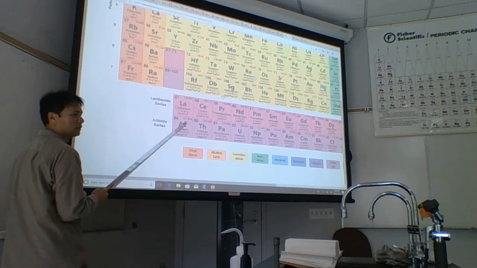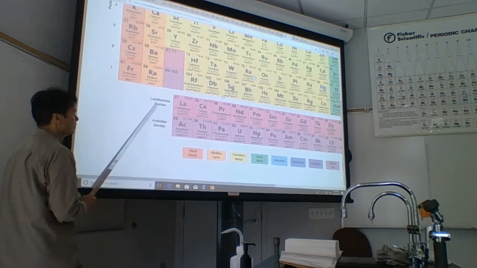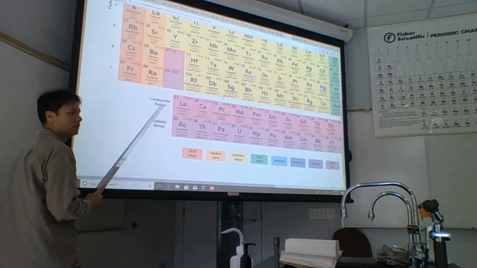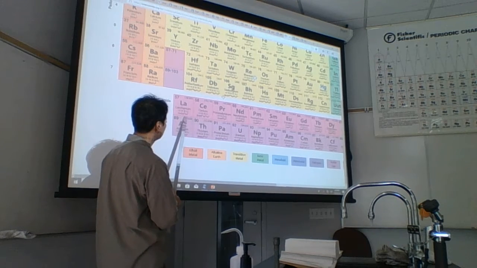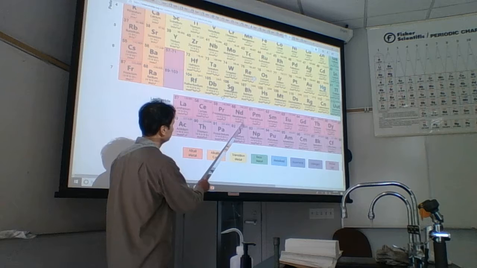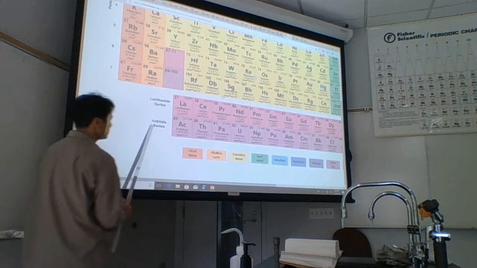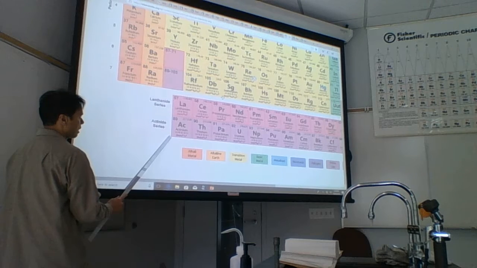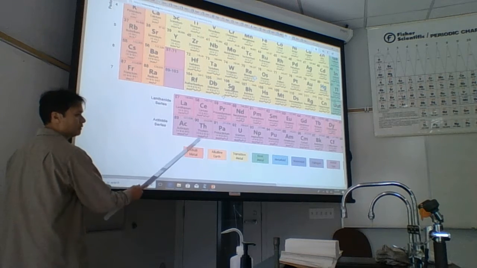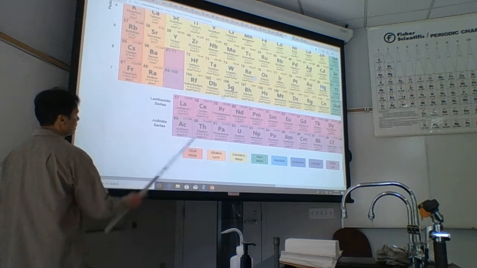These are the f-block. The first row is called the lanthanide series. These fill the 4f orbitals. When you look at it, it's hard to see, but they're 4f orbitals. The actinide series fills the 5f subshell.